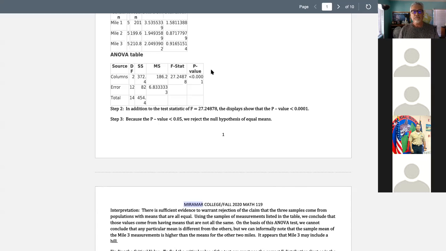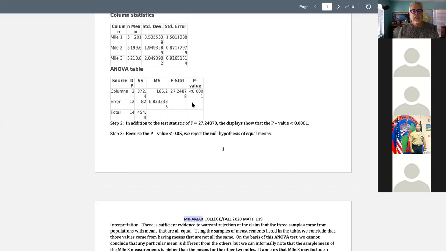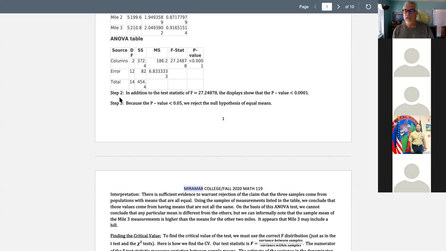Now, here I've listed step 2, which would be to compare our p-value to 0.05, noticing that it's much smaller than 0.05, so that puts us way out in the right tail, and so we would reject.